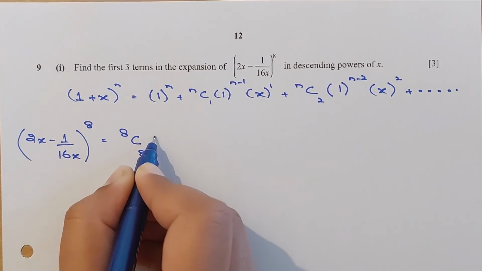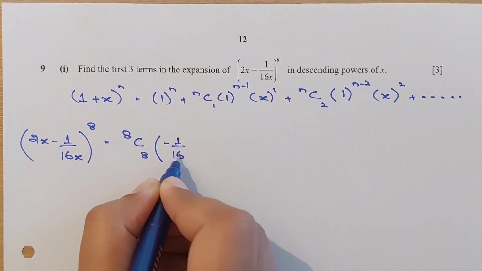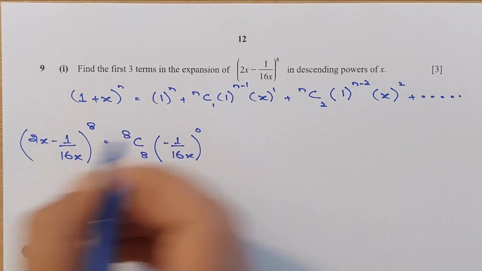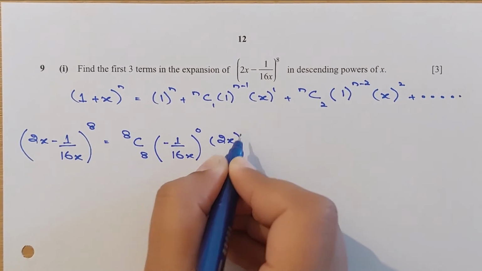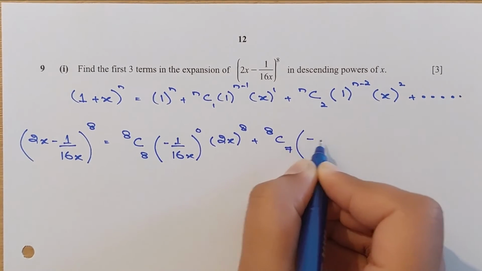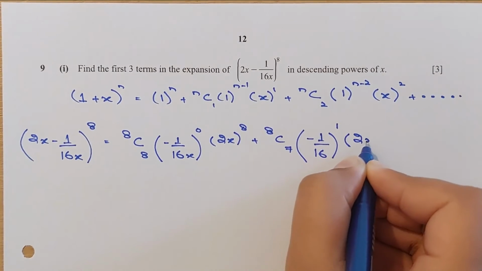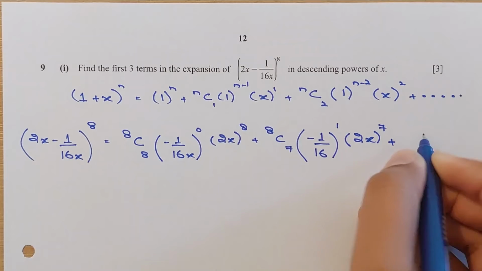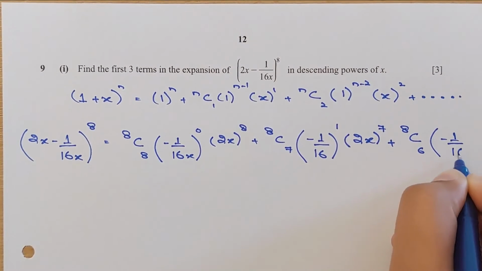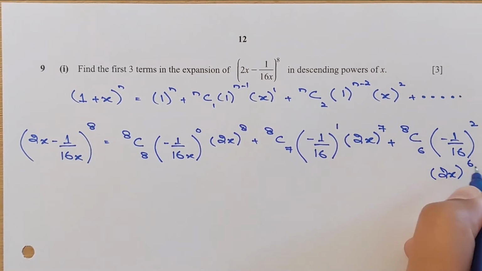We have (-1/16x) to the power 0, and 2x to the power 8. Then we do 8C7, with -1/16 to the power 1 and 2x decreasing by 1, plus 8C6, where the second term's power is again increasing by 1 and 2x is decreasing by 1.